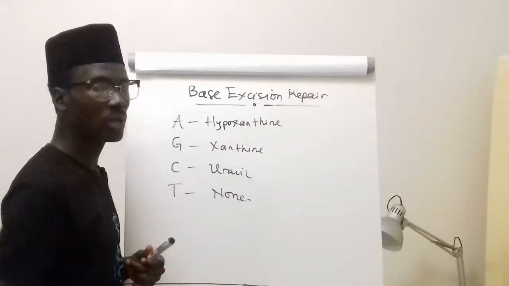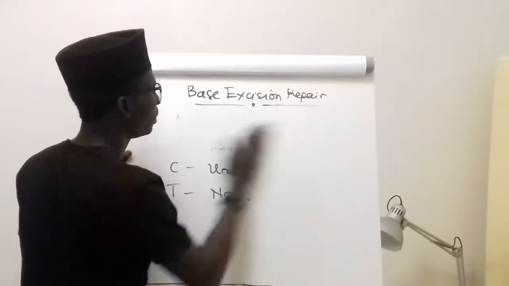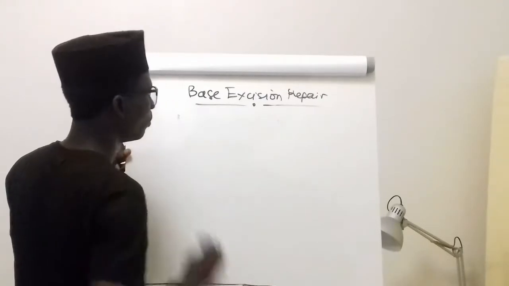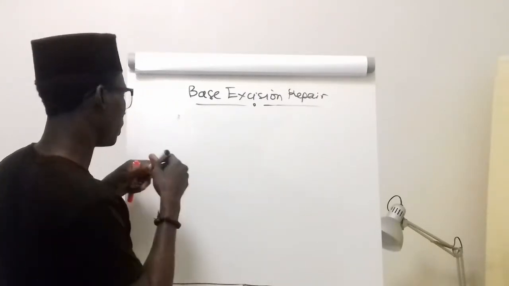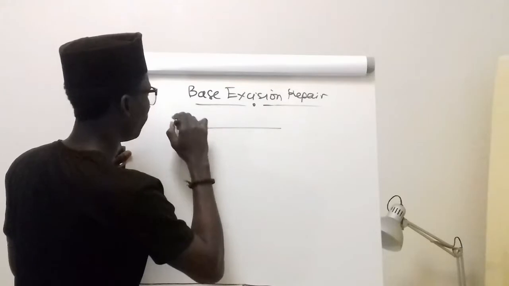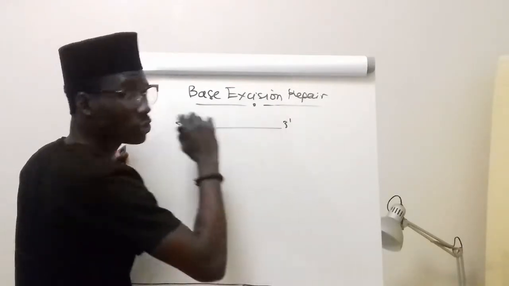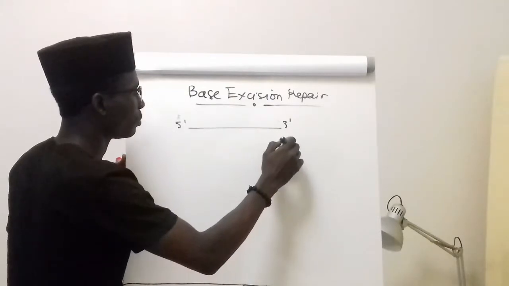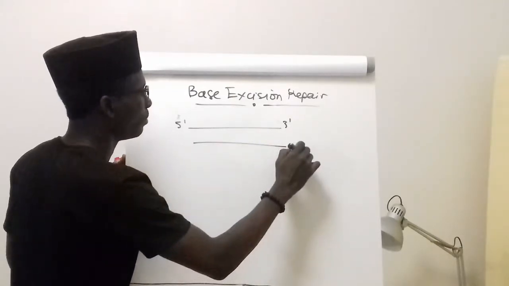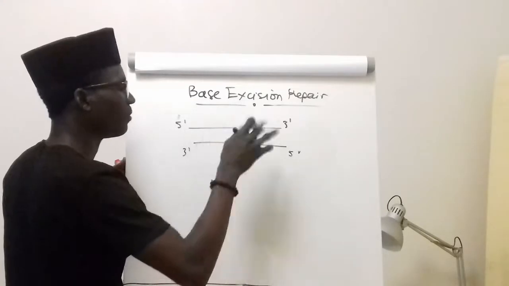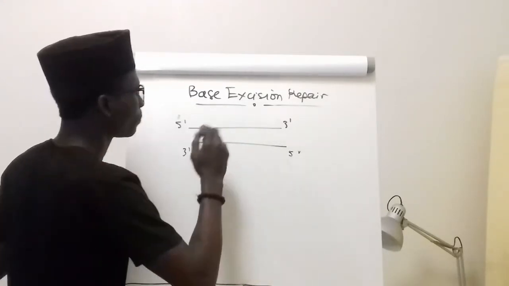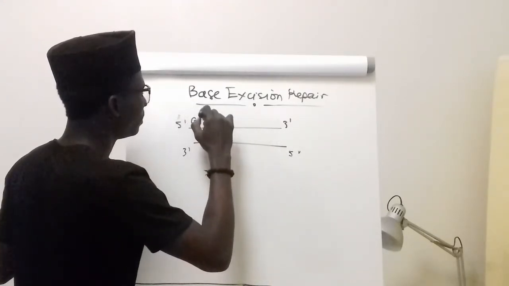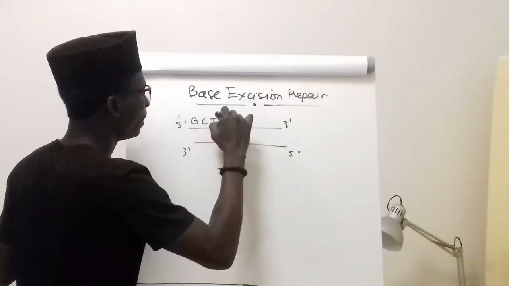Now we want to look at a sequence and use that to explain what we are talking about. By now you should know that DNA synthesis occurs in the 5' to 3' direction. So it's bidirectional, and the opposite strand will run in the opposite direction. So we have 5', and a sequence like this, GCTA.